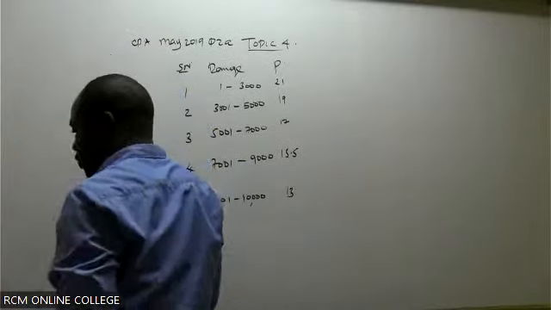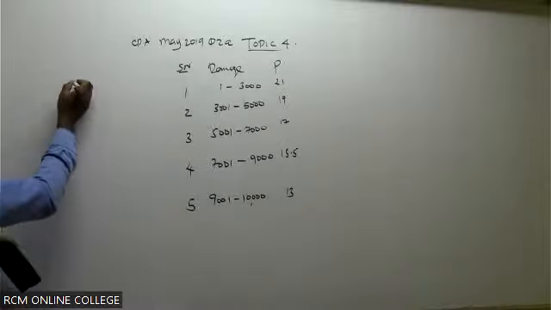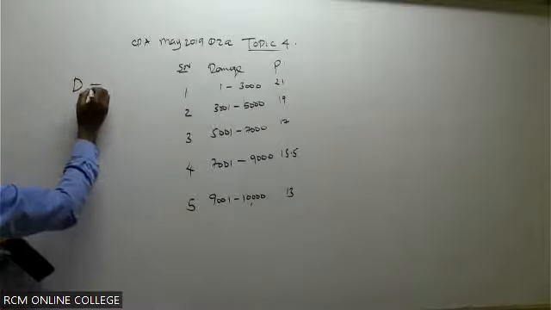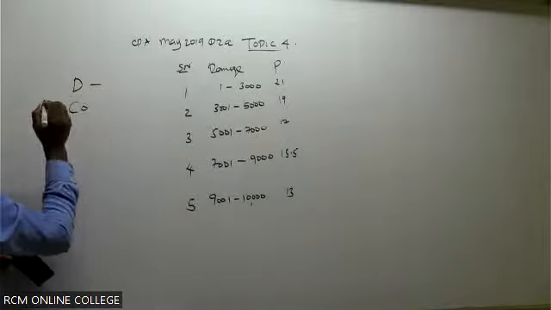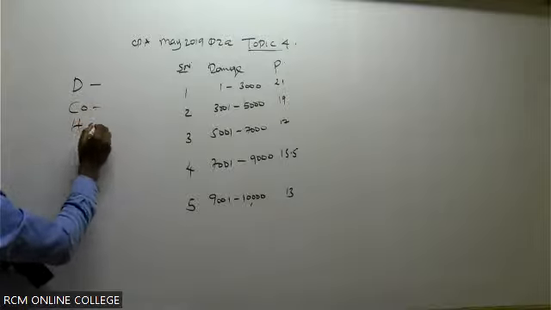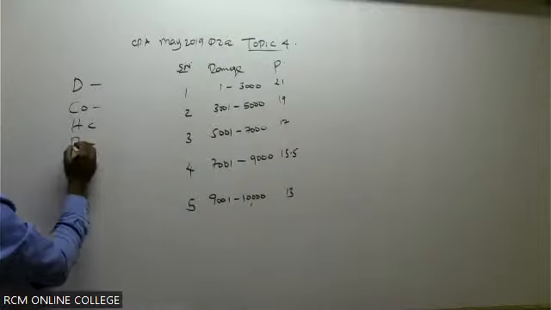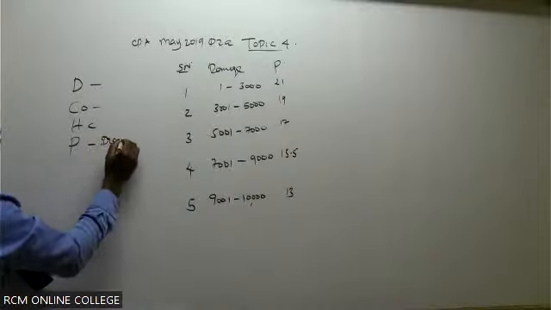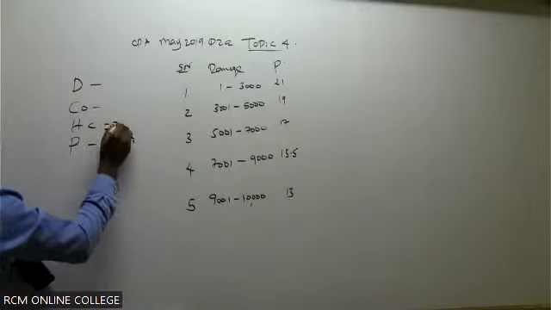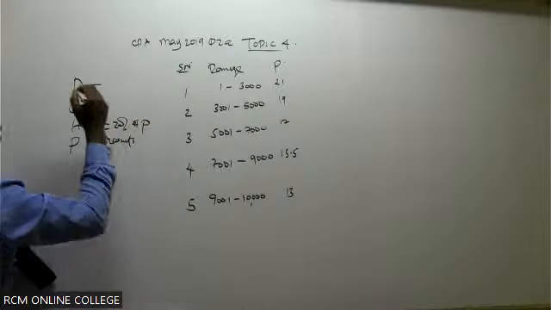So I want us to list those items that we've been given. Do we have demand? Do we have ordering cost? Do we have holding cost? Do we have purchase price? So purchase price here, of course, has discounts, and holding cost is 20% of purchase price.